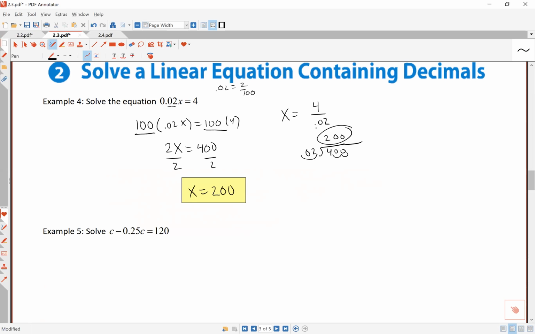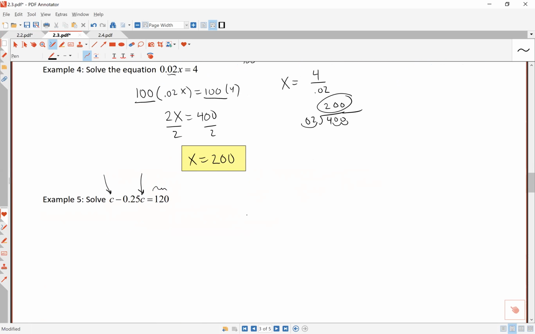You're going to start to see this type of equation over and over again for the first couple of units. That stands for something that had a cost of C dollars that was reduced by 25%, and the sale price is $120. So again, remember the number of decimal spaces you see there tells you if you need 10 or 100 or 1,000 or 10,000 or 100,000 and so on.